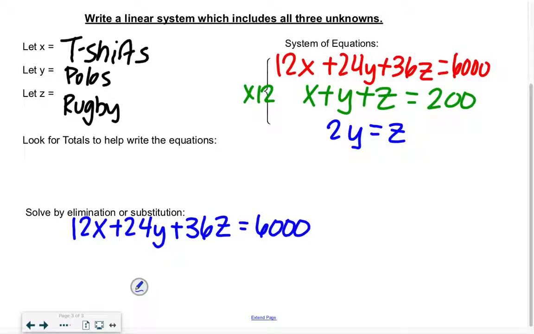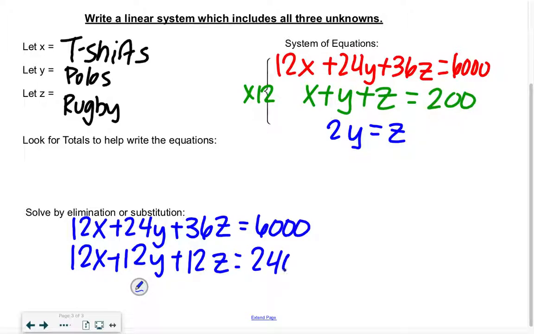I want the lie. Alright, if I multiply that bottom one by 12, I got 12x plus 12y plus 12z equals 2,400. Okay.